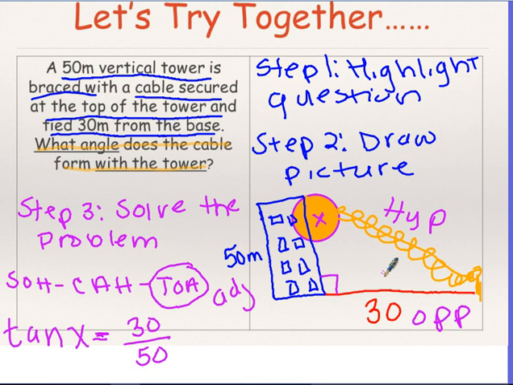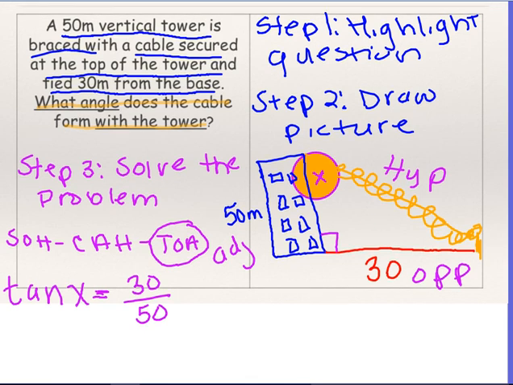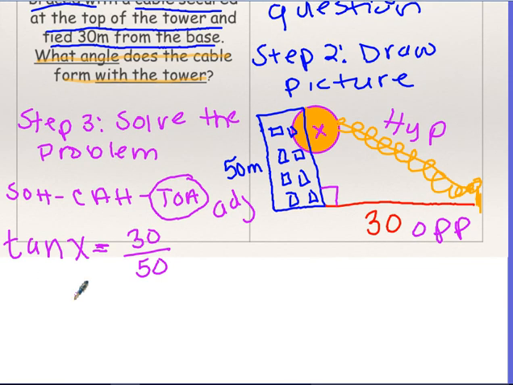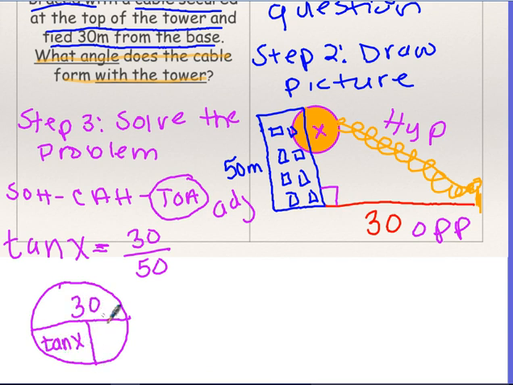Okay, so now I am going to draw my circle to help me out. So let's get my circle going. I put my trig function here, so tan x, 30 over 50, and I need to solve for x.